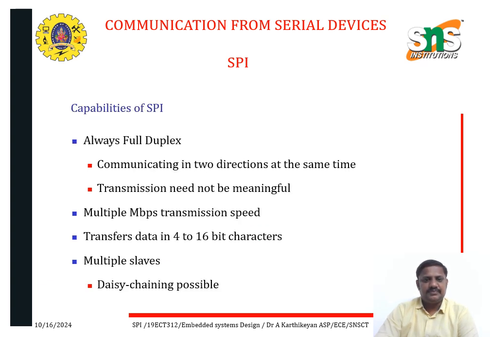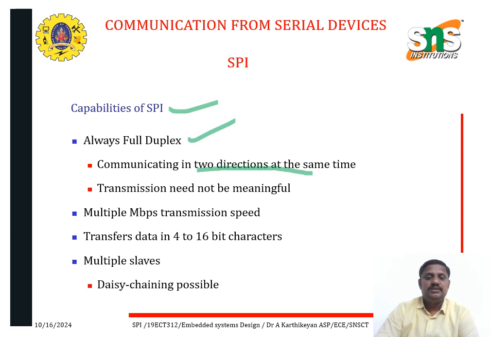And mainly, the capability of SPI is that it always works in full duplex mode. Full duplex means sending and receiving information simultaneously, communicating in two directions at the same time.